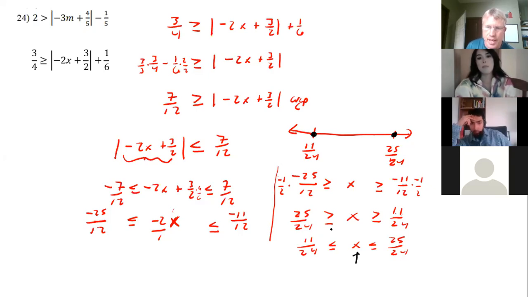And where is x? X is between them. Which is why I can write it as a three-part inequality, because x is between the two numbers. And so on the number line, I just darken everything in between the two numbers.